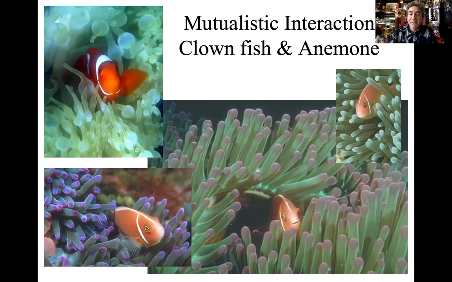The anemone also benefits by living in a situation where it's all these tentacles lined with these nematocysts. So not many predatory fish are going to go in there and try to chase this fish down. So it seems like both of them are benefiting, and we consider this to be a mutualistic interaction between these two very, very different species.